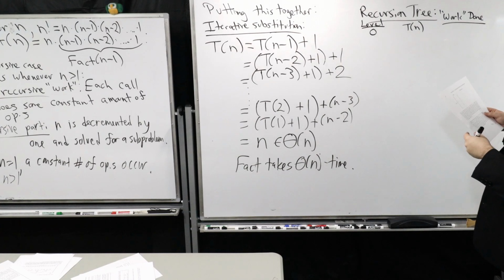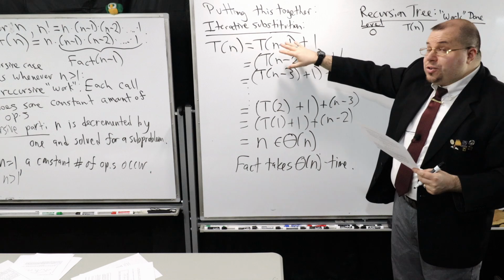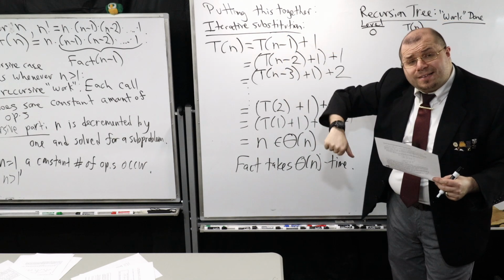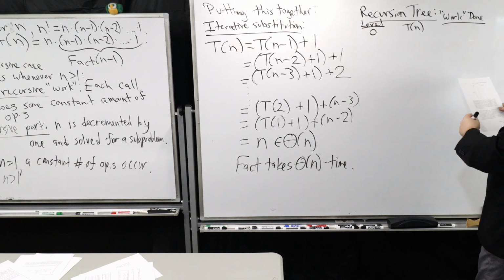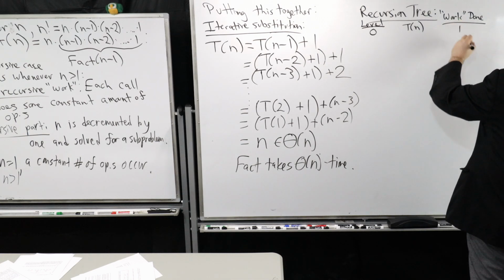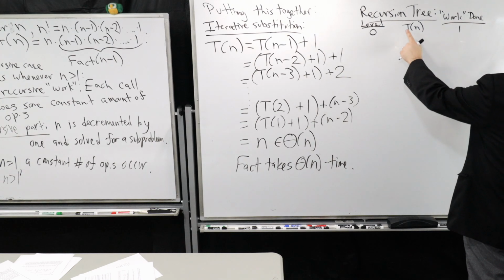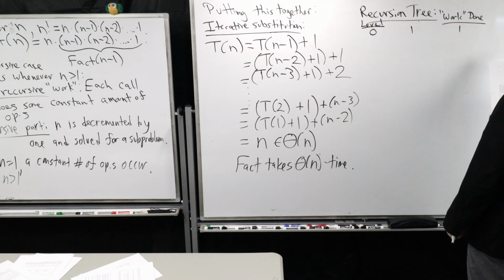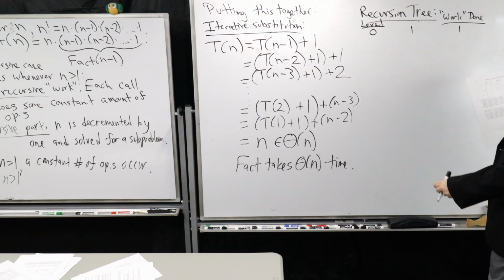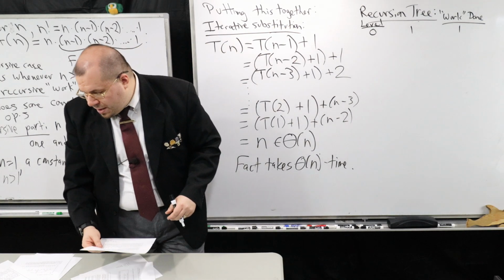So when I do t of n, well, it's t of n minus 1. So I do one recursive call where I reduce its size down by 1. Then I add 1. The work done is the non-recursive work, so 1 is what non-recursive work happens. At this given spot, I have to replace that with the amount of work, just for the sake of our discussion here, so that you can see the pattern going on.